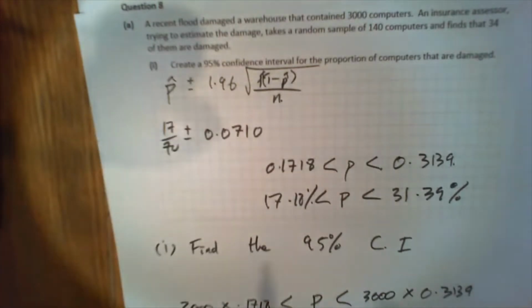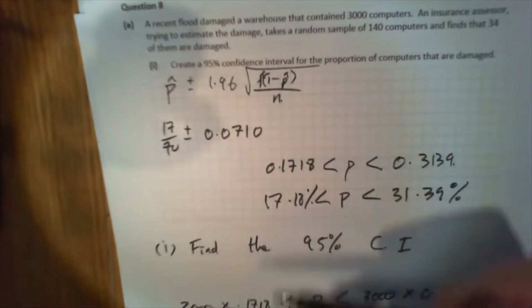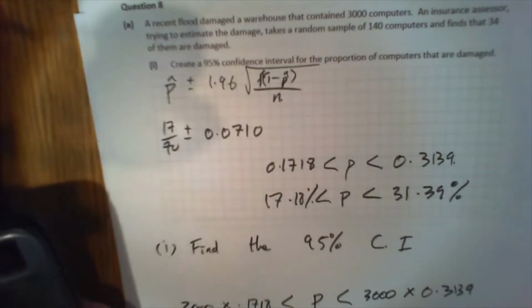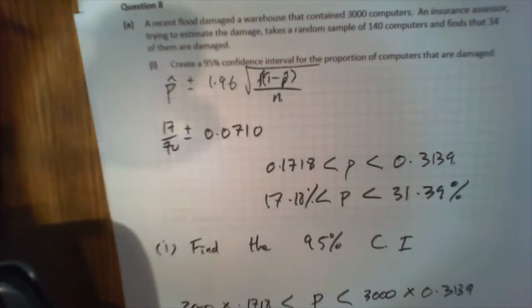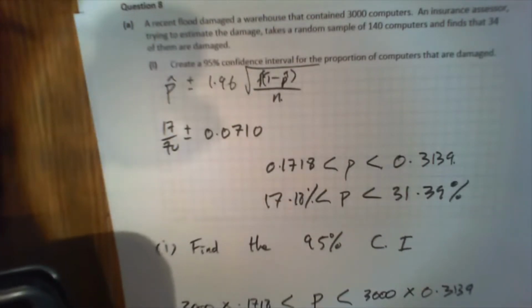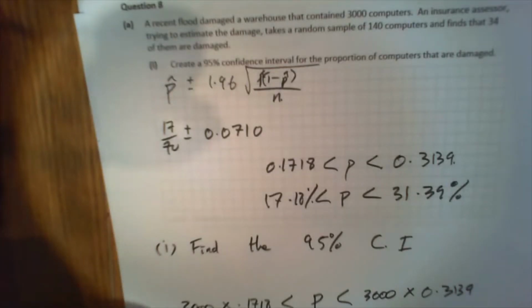So it's just a bit of a weird one. It's just the way it was phrased. The printer cut off the bottom of the page, it's a bit annoying. But anyway, 3,000 multiplied by 0.1718, you're talking about 515, and 3,000 multiplied by 0.3139, you're talking about 942.